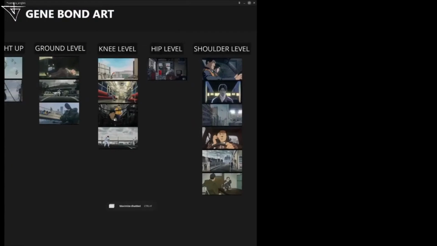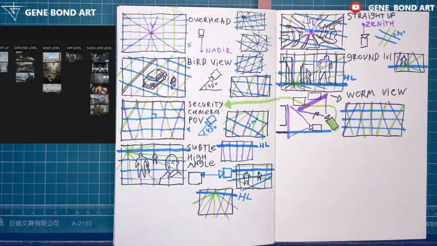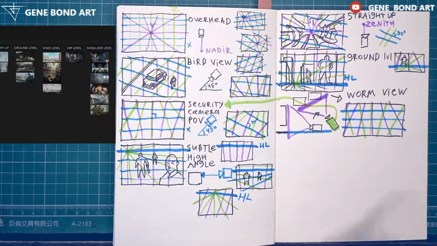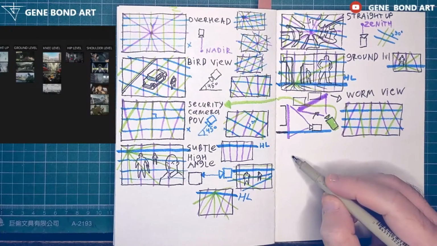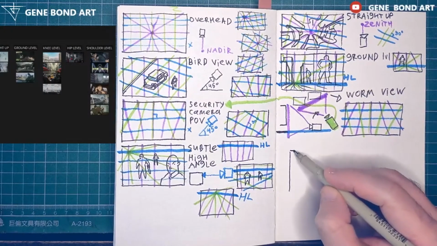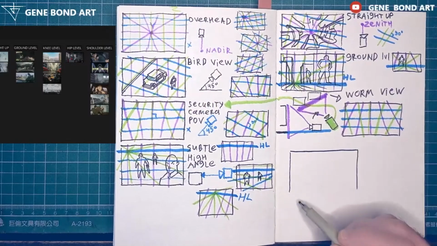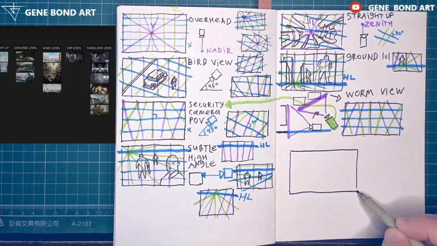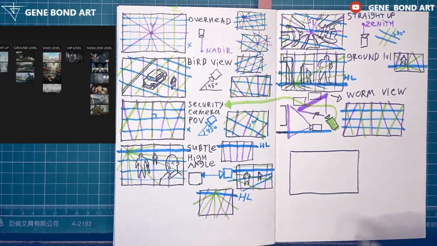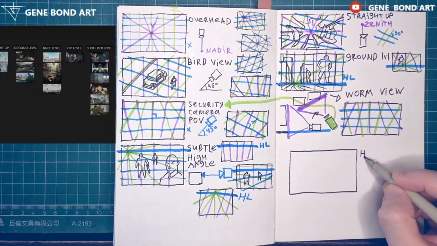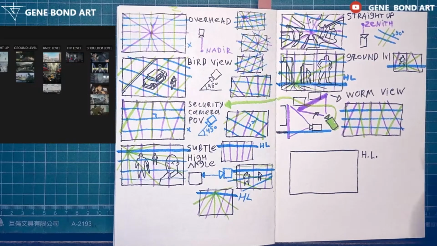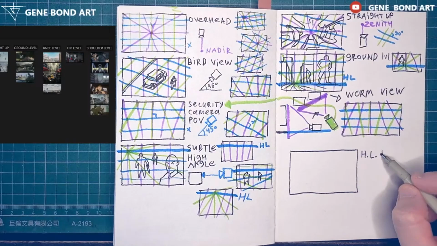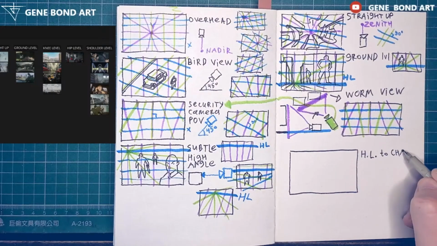Yeah, so about four types, we're just talking about different heights of a horizon line according to the character. So let's say here, HL to character.